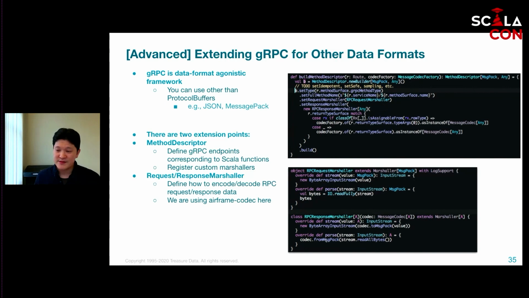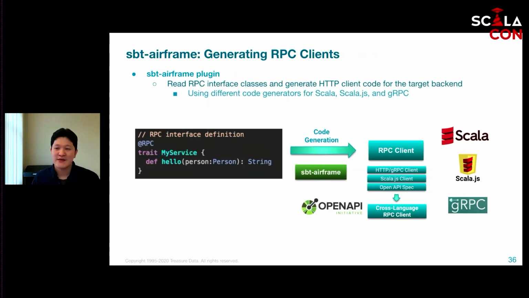This code is very simple, but you need to define a method descriptor for individual RPC endpoints, and writing this code every time is a very challenging task. So we created the sbt-airframe plugin for generating RPC clients from your RPC interface.